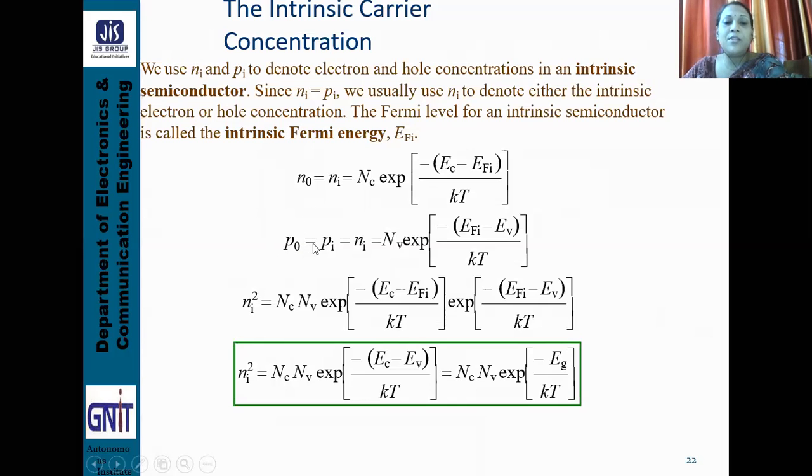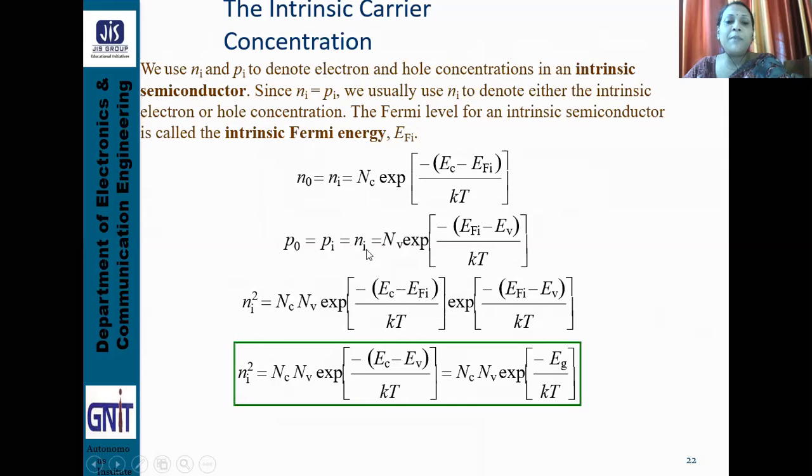That's why this has been made equal to Pi, the intrinsic hole concentration. This is the intrinsic electron concentration, equal to Ni, because in an intrinsic semiconductor P and N are equal in number, and we put the formula Nv e to the power minus (EFI minus EV) by kT.